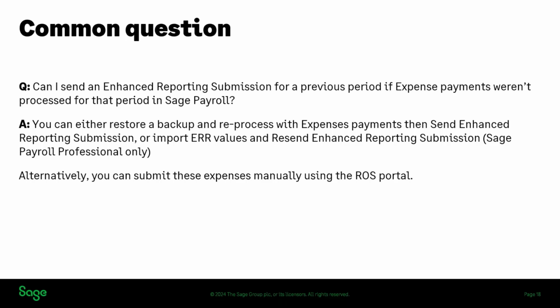If you have Sage Payroll Professional, is you can import ERR values for a previous period and use the resend enhanced reporting submission option to send the corrected submission. And with that way, you wouldn't have to go back to an earlier period. You can import the values for the earlier period and you can send a submission by selecting that period from the resend screen. Now, the alternative in both these cases is to manually submit the expenses for the previous period. You can do that via the ROS portal.